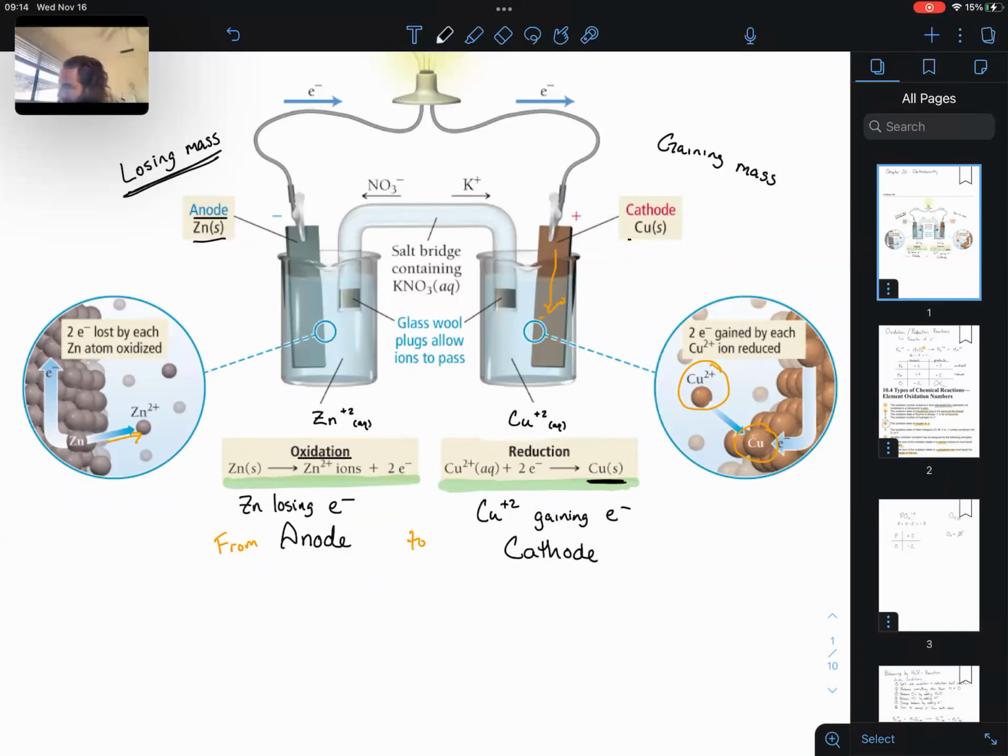We have solid copper at our cathode, but more important really is the copper ions in solution at that cathode, because those electrons are going to flow into that copper metal and eventually into those copper ions, where there will be a reduction reaction. Those copper ions will gain those electrons. And so that's why we say that electrons flow from anode to cathode.